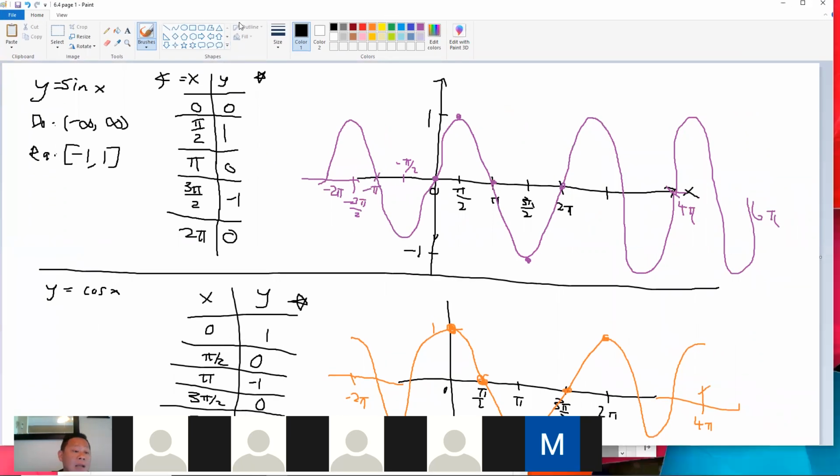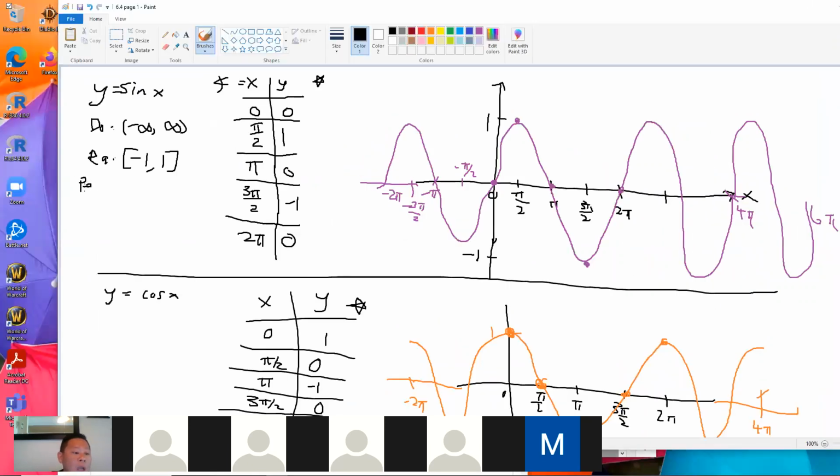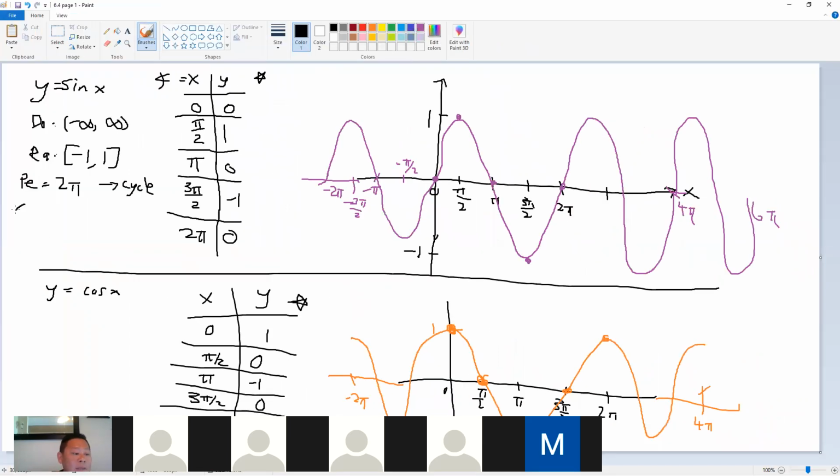Okay. The next one we're going to talk about is your period. Your period in this case is 2 pi. What is period? Period means a cycle. Sometimes you call it a cycle. So that means one cycle is 2 pi. Okay. And then you also need to figure out your x-intercept. When you look at your x-intercept for this, it's going to be 0, pi, 2 pi.